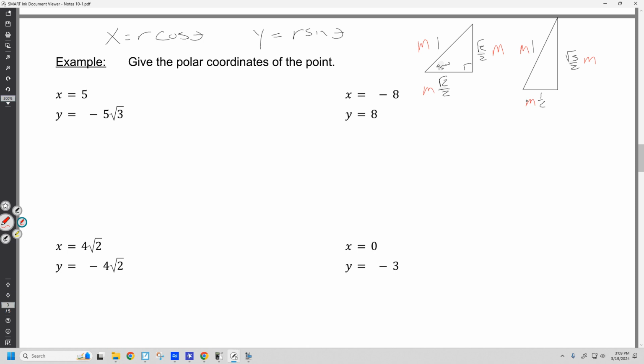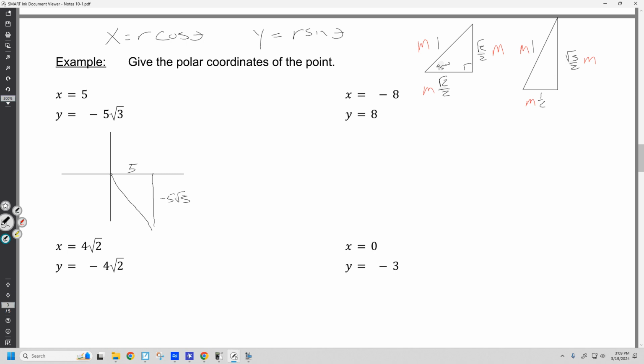So maybe you like this approach. You realize that if you have an x coordinate of 5, you're going to the right 5. If you have a y coordinate of 5 root 3 that's negative, you're going to be going down more than you went over. And you're thinking, oh yeah, that just creates a triangle.